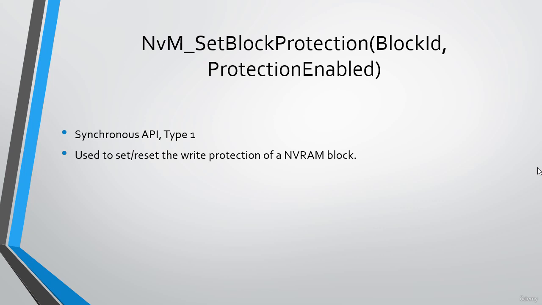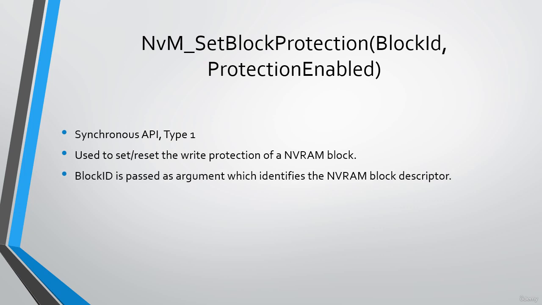So using this API, manually or using code, we can actually set the block protection so that writes or any modification can be prevented. The block ID is passed as an argument which identifies the NVRAM block descriptor we are mentioning. So for a particular block, we will have to pass the block ID for that block.